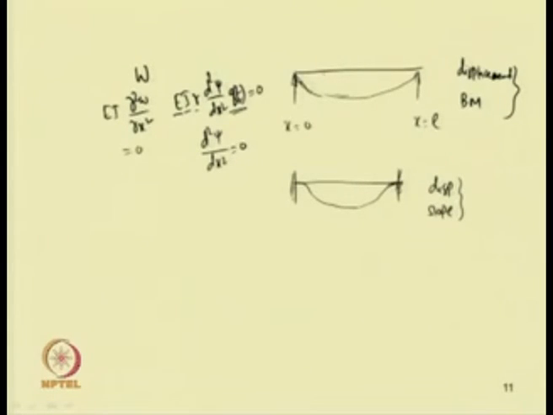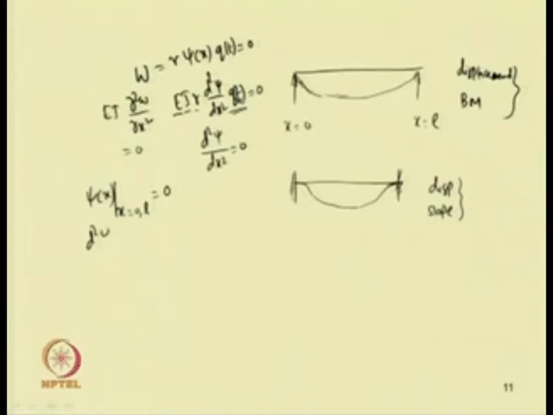That means, in case of the simply supported beam, W equal to R psi x into Q t equal to 0 at the ends. For all time Q t will not be equal to 0, R also will not be equal to 0. So, in this case psi x will be 0 and d square psi by dx square also will be 0. So, for simply supported beam, psi x at x equal to 0 and L will be equal to 0.